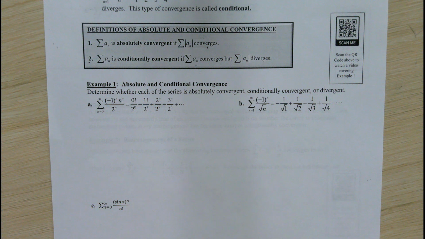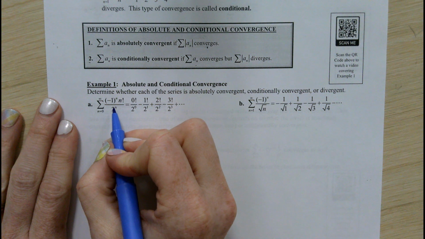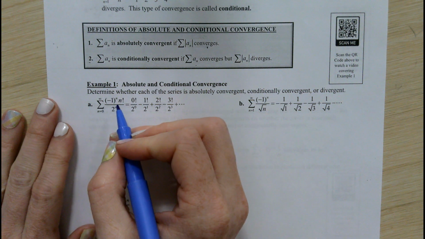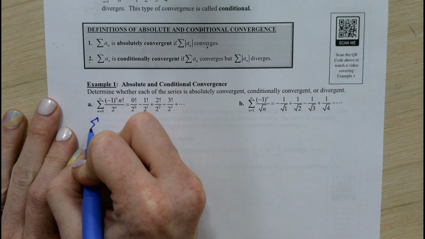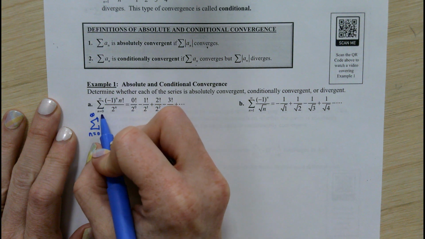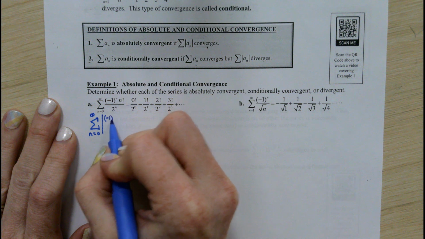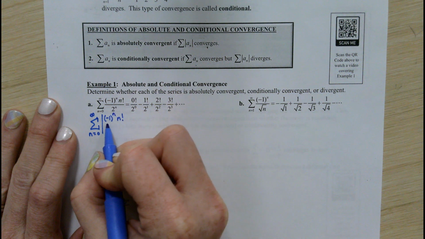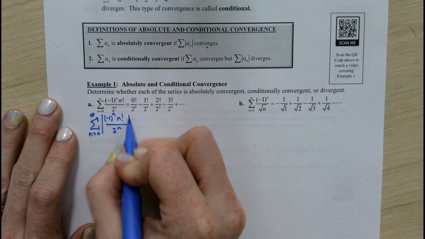In either case, that means that we're dealing with something that has some negative terms. So what we want to do is start out by considering the absolute value of this series. And so we're going to think about the series from n to infinity still, but of the absolute value of negative 1 to the n times n factorial over 2 to the n.